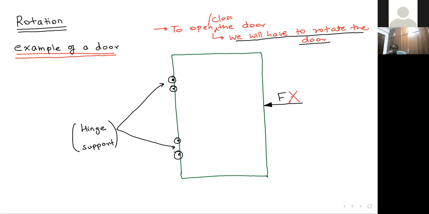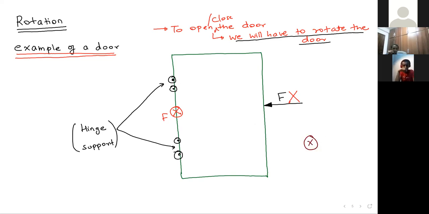But now, if you apply a force exactly at the hinge, like this, do you think this force will open the door? I guess no. Very good. Are you able to understand this direction?